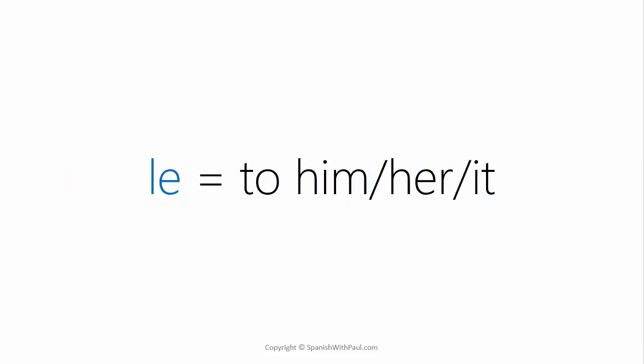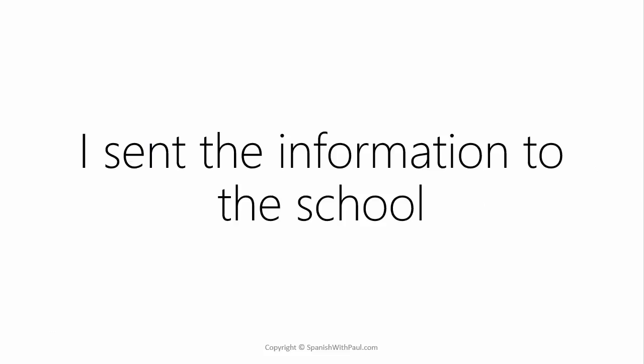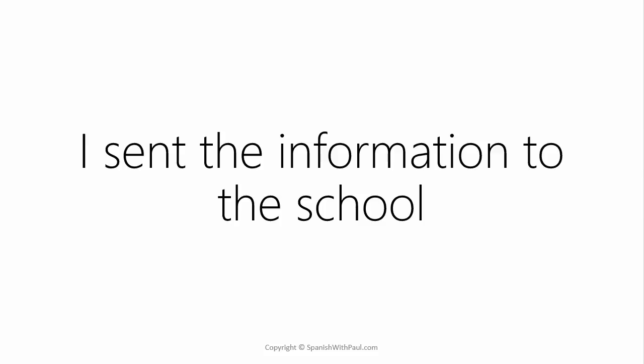Remember again that le doesn't just mean to him or to her, but also to it for inanimate objects. For example, we could have this sentence, I sent the information to the school. So I sent is mandé, mandé. So how would you say I sent the information to the school?